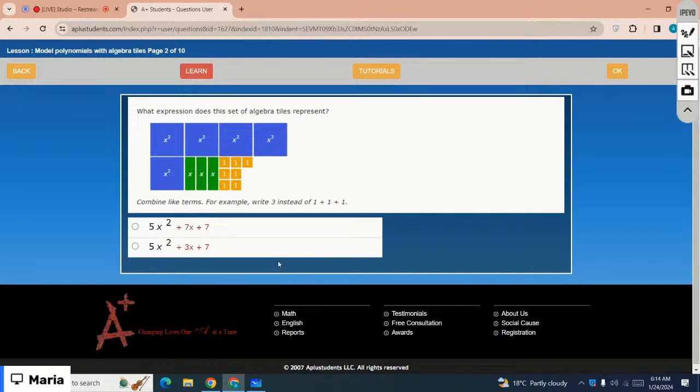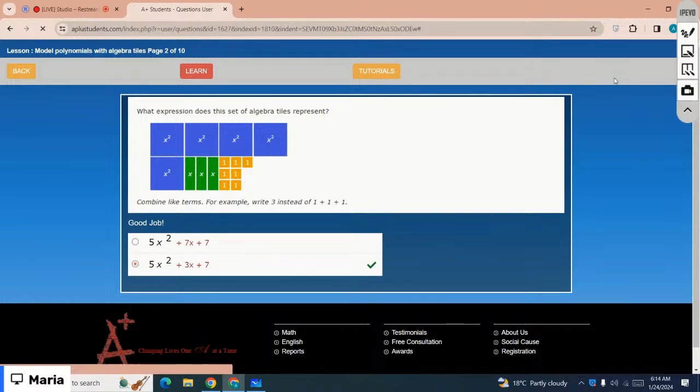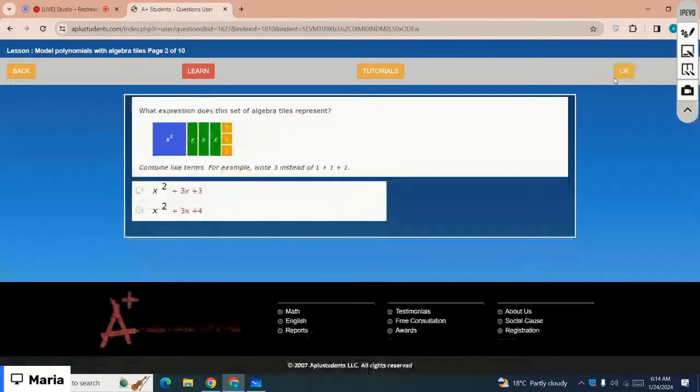Yes, 5x square plus 3x plus 7 is the correct option. What expression does the set of algebra tiles represent? So which is the correct option?